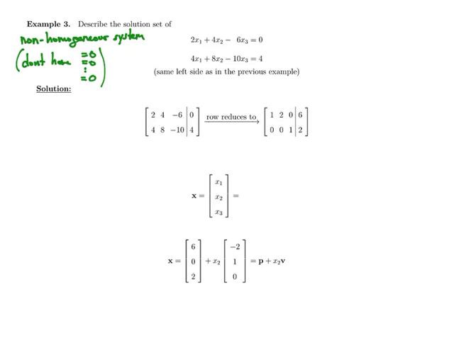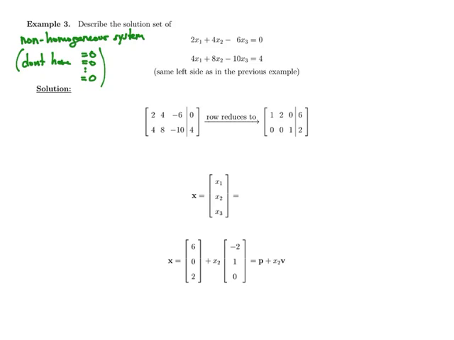And let's see what happens with the same system on the left and just not zeros on the right. We have the same augmented matrix except for a 4 in that bottom right corner. And the row reductions are going to be the exact same except we're going to get different values on the right-hand side. In this case, we get a 6 and a 2. You can double check that yourself using the same row operations we did in the previous example.